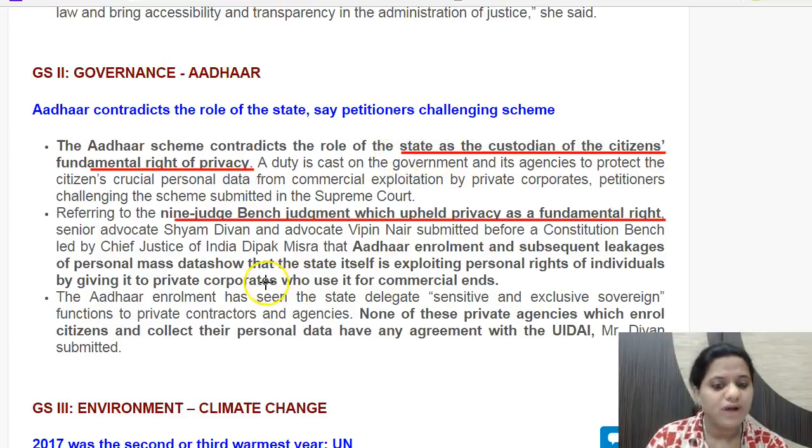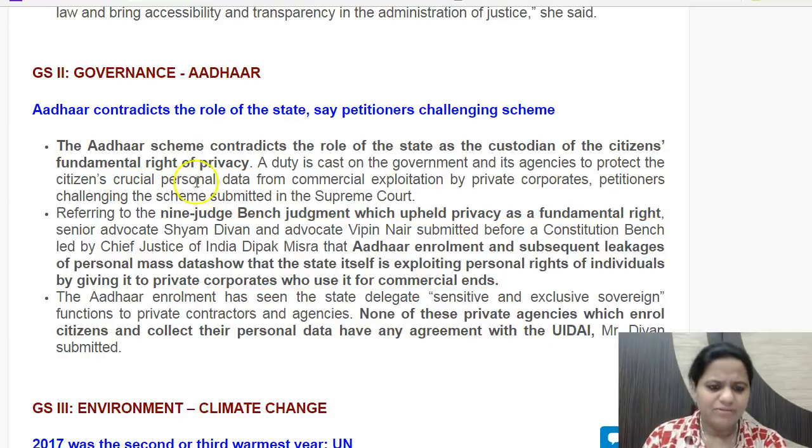But in the case of Aadhaar, the leakages that take place mean the government itself is exploiting personal rights of individuals and giving them to private corporates who use them for commercial ends. This role of the government is being questioned here. It also says that the private agencies which enroll citizens and collect their personal data for Aadhaar do not have any agreement with UIDAI. This is also a point put forth.